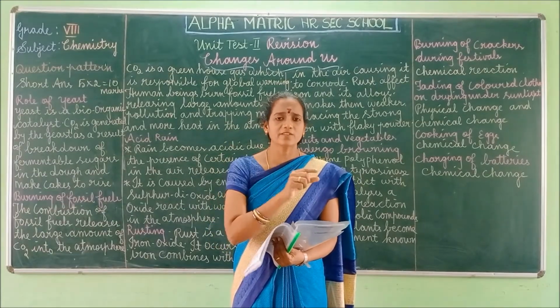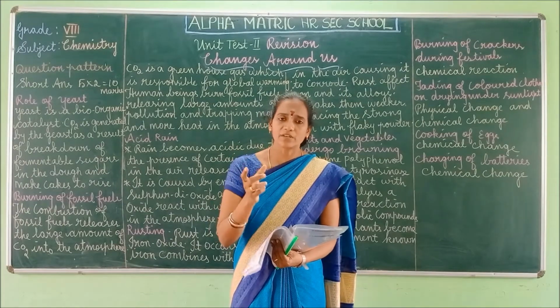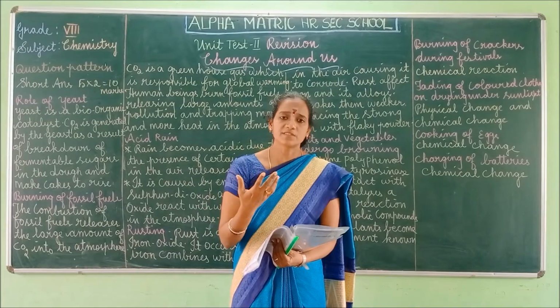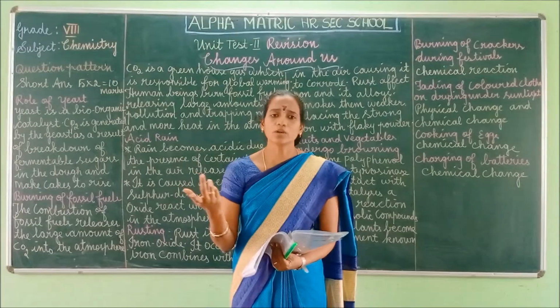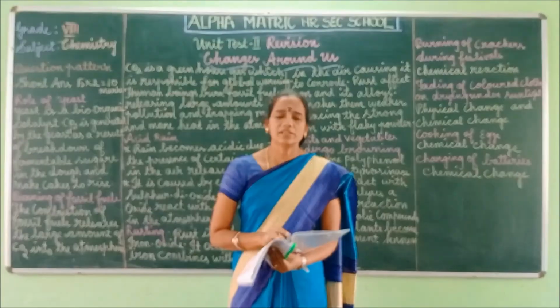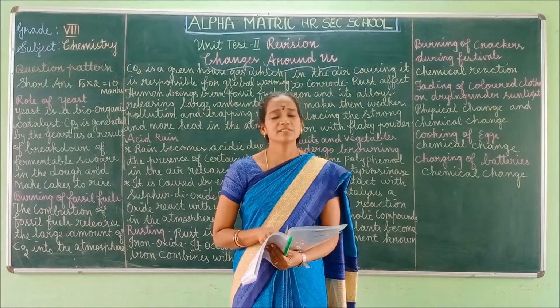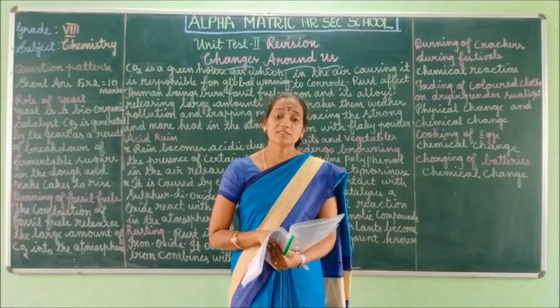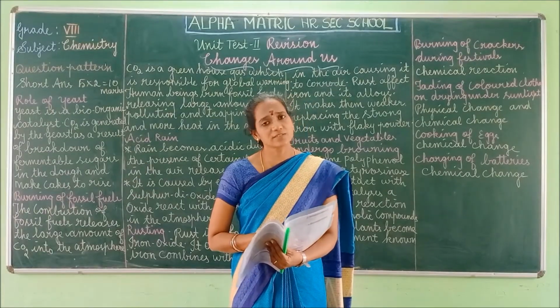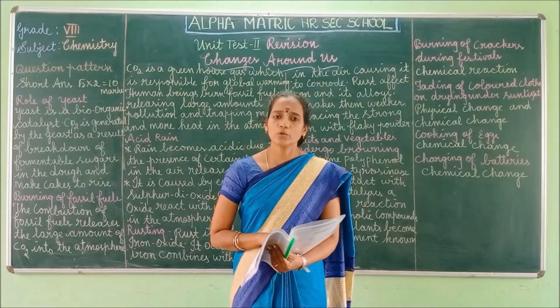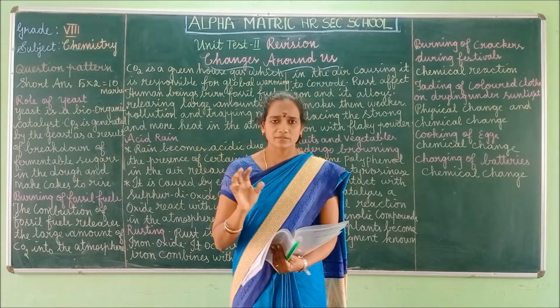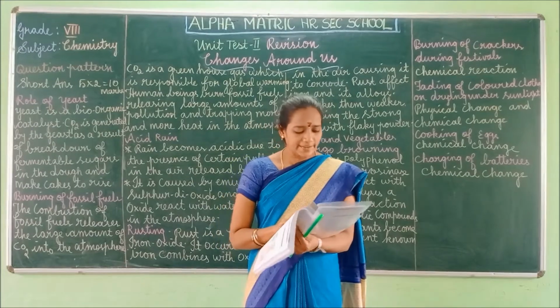A single reactant can give a single product, and one or more substances means you can get one or more products. So reactant gives product. That's it.